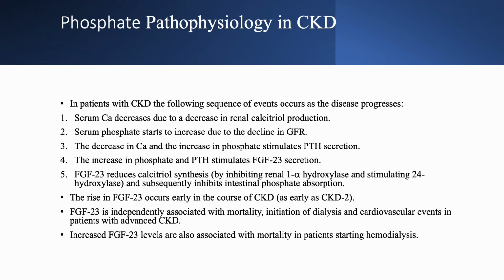Like we said before, the rise in FGF23 occurs early in the course of CKD, as early as CKD2. FGF23 is independently associated with an increase in mortality. When the level goes up, mortality goes up, as do initiation of dialysis and cardiovascular events in patients with advanced CKD. In patients already on hemodialysis, increased FGF23 levels are associated with an increase in mortality.